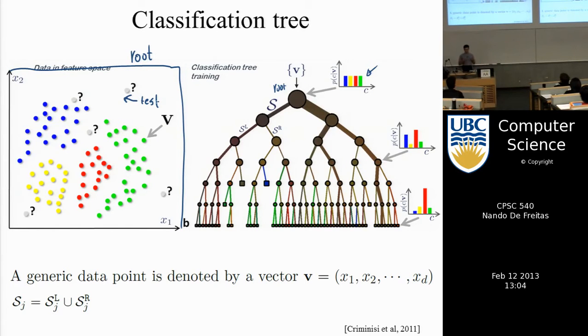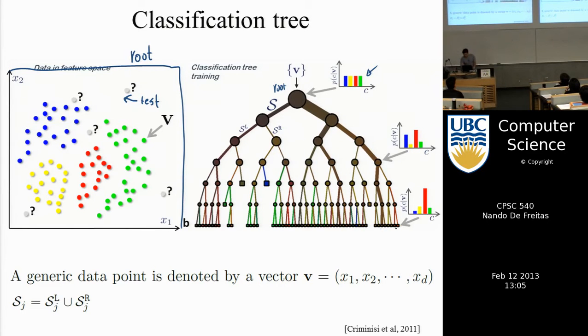Now, if your tree has already been built, what we're doing essentially as we're going down these leaves is getting different histograms for the points. In the previous case, it was clear that if a point ended up somewhere, it was definitely green or definitely red.